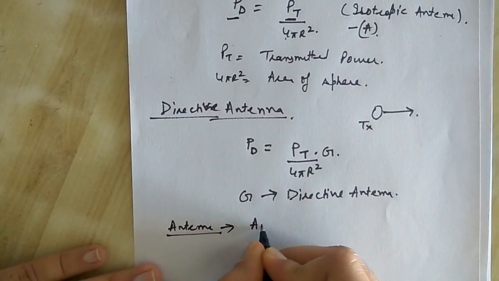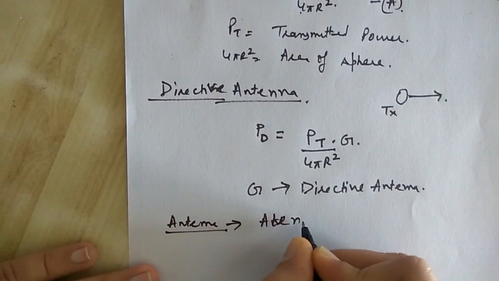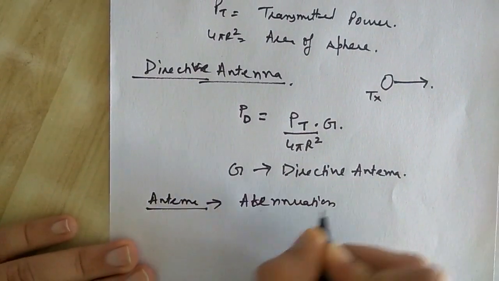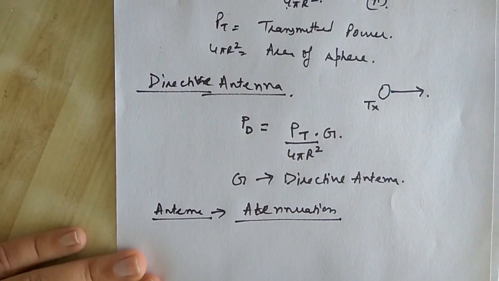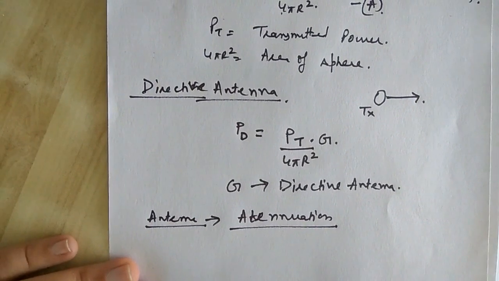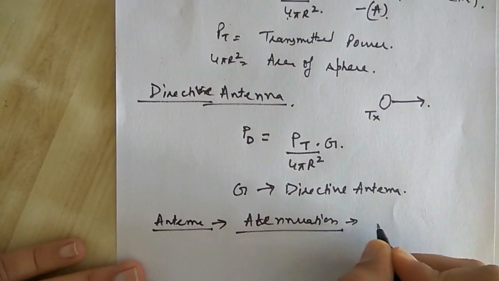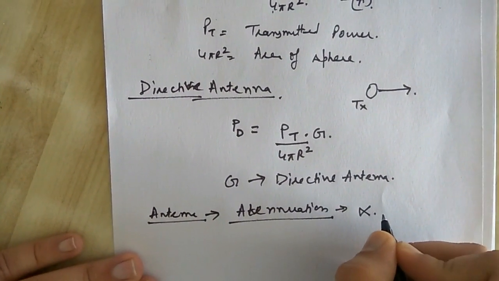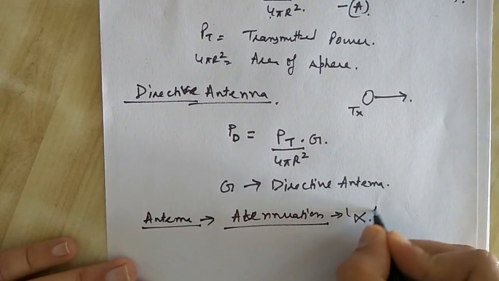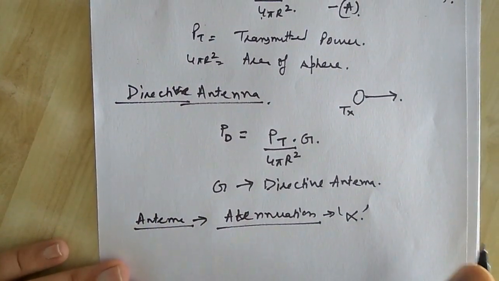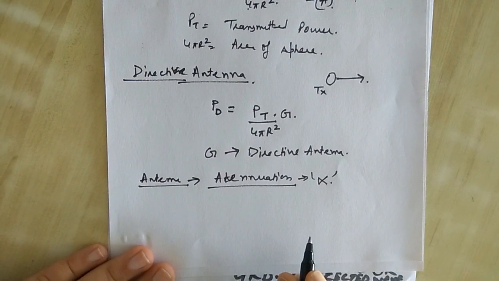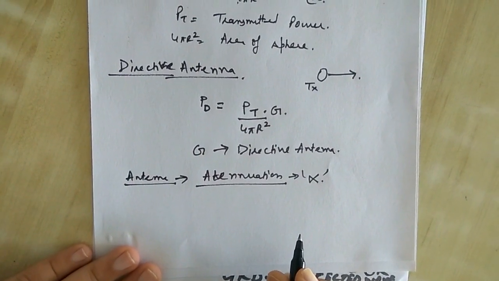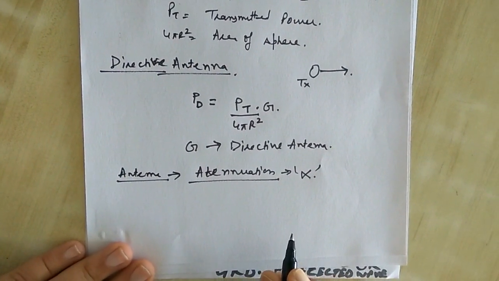The antenna propagation involves the attenuation factor which is given by the factor alpha. Alpha is the attenuation which is introduced, whether we are using the isotropic antenna or the directive antenna.